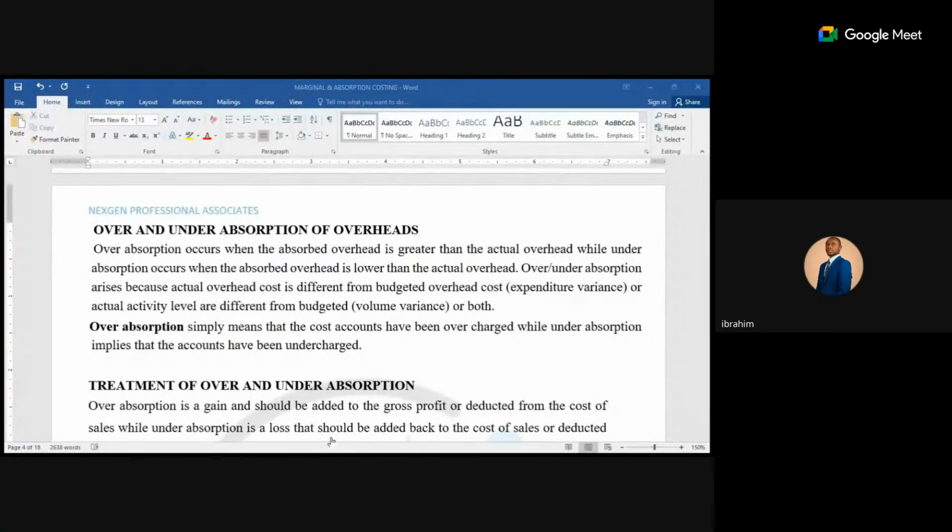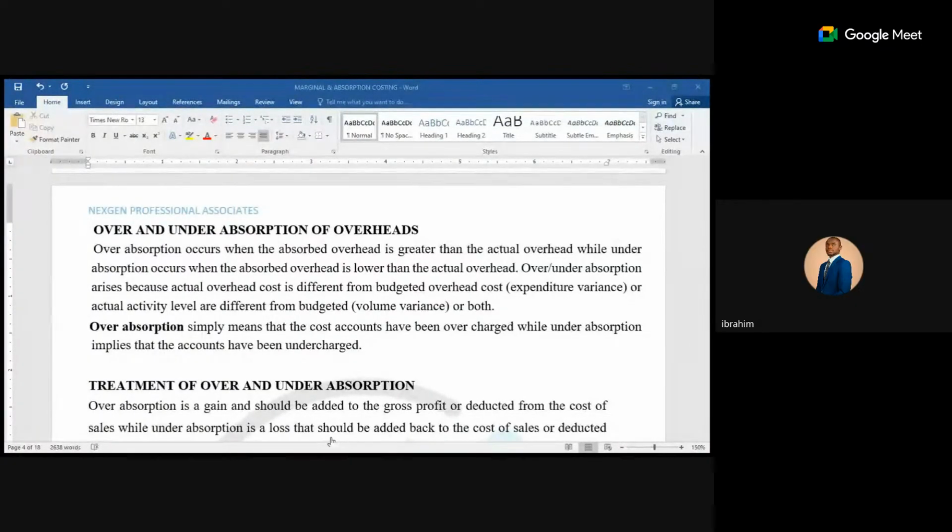That is why I have to explain it one after the other before we go to the format. Now, over and under absorption of overhead is usually the main problem when it comes to absorption costing.